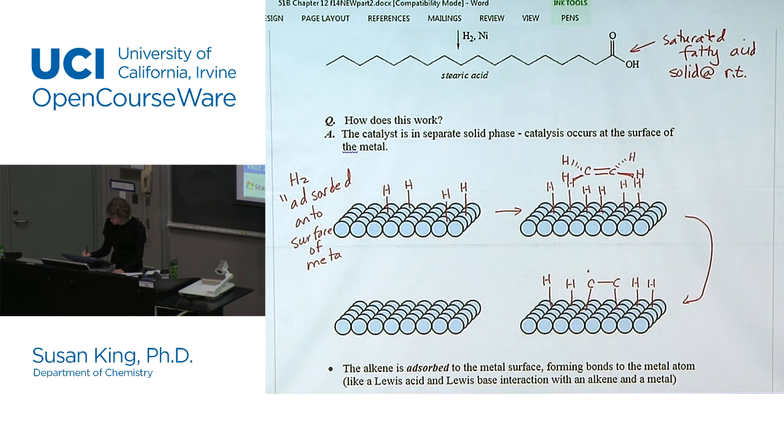This is now bonded to the surface of the metal. We've broken the pi bond. Again, you're not going to have to reproduce this. Then one of these hydrogens, like these here, which I didn't have room for, is going to add to the same side. And so what you get is something that looks like this. You have these hydrogens going back, this hydrogen coming forward.